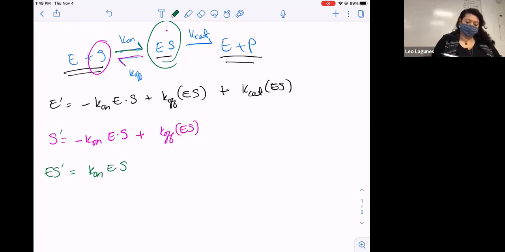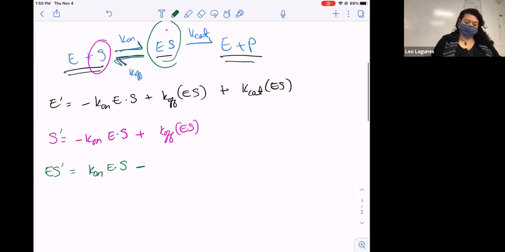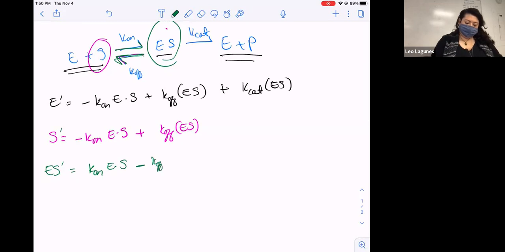And we're also losing the complex ES from the reaction with the K off, so that means we're going to have a negative K off times the ES complex. We're also losing it from the catalytic reaction, the K cat one, with the reaction rate parameter K cat, from the complex itself.